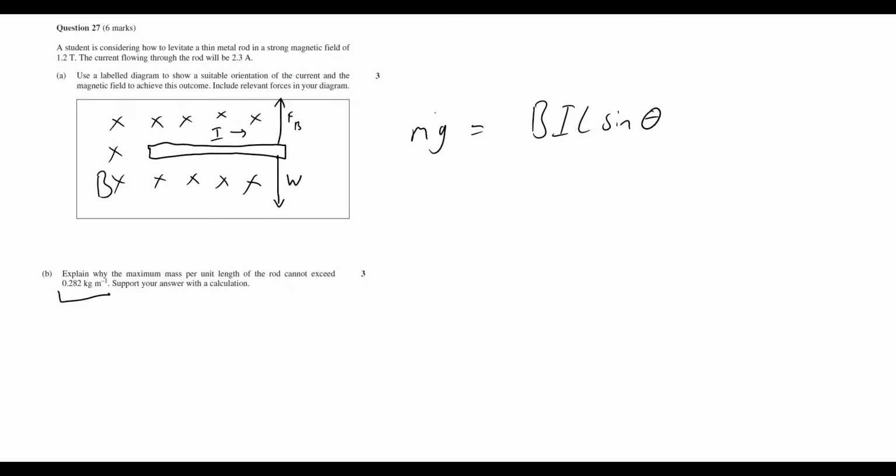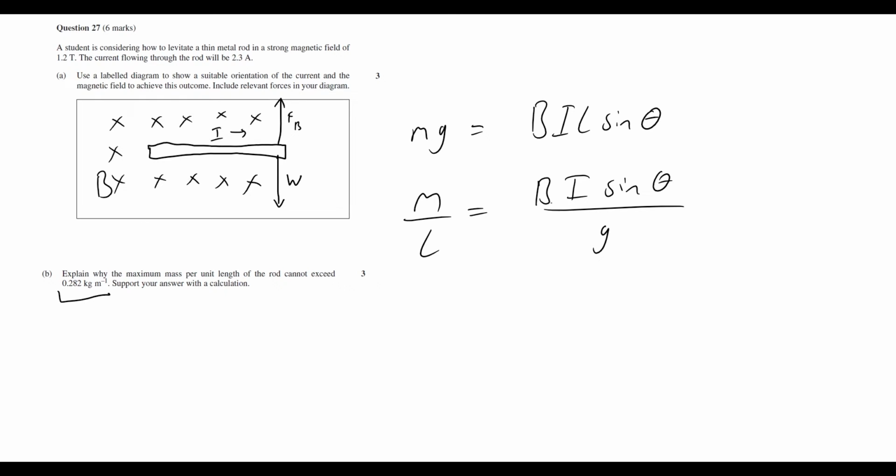Well, it just so happens that we have one measurement of mass in here, and on the right-hand side, we have one measurement of length, which is L. So ideally I want to rearrange this so that I have M over L. And doing that, let's see what we get. M over L is going to be equal to BI sine theta over g.